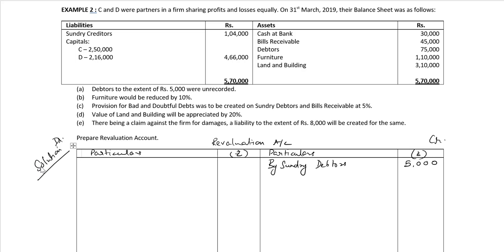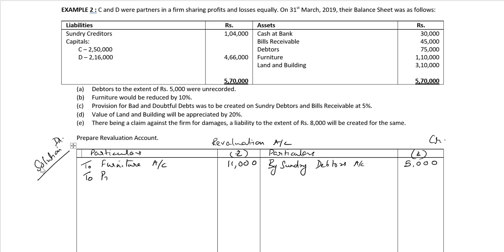The second one, there's a reduction in furniture. So to furniture account, reduction at 10% of the value of furniture, which is 1,10,000, which comes up to 11,000 rupees.